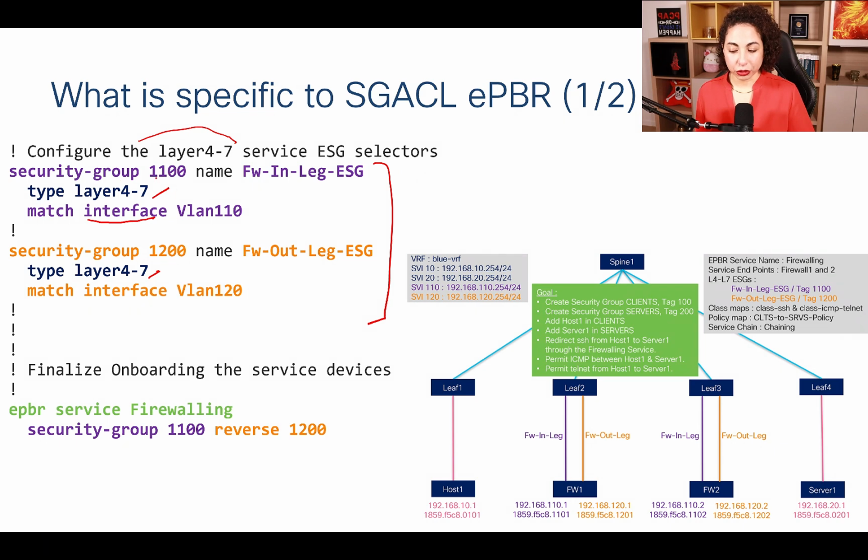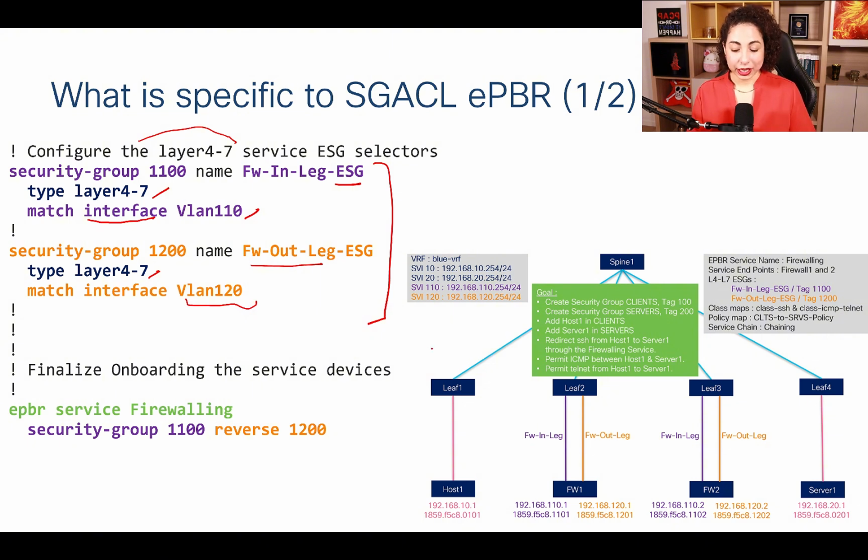So for the security group that is purple, 1100, that corresponds to the firewall in-legs of our firewalls. So firewall in-leg ESGs. Here we are matching on the interface 110. And for the security group 1200, that corresponds to the firewall out legs of our firewalls. So for this ESG, we are matching on the interface 120.